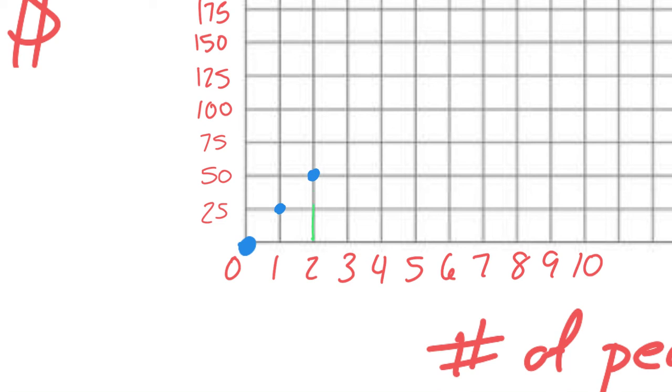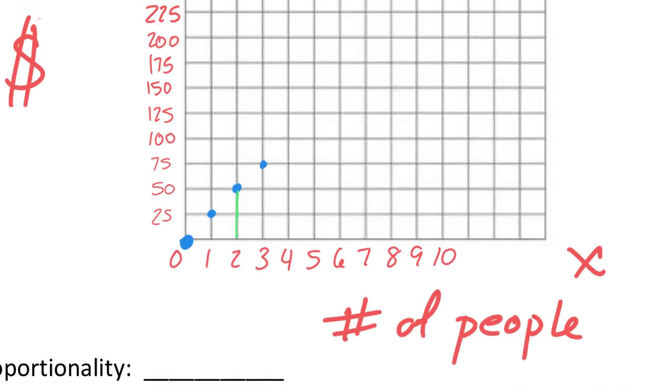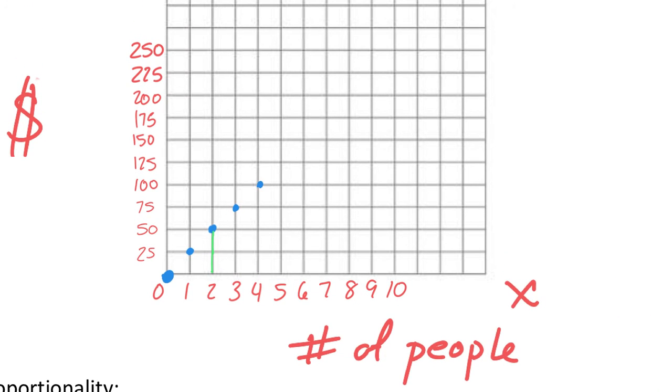We go over 2, it costs $50. 3, 75, and we can keep going. Once again, I want it to move that proportional way. If not, I'm not getting the same price for every person, and maybe they're trying to charge you too much.